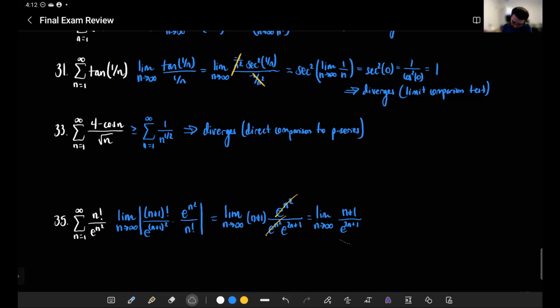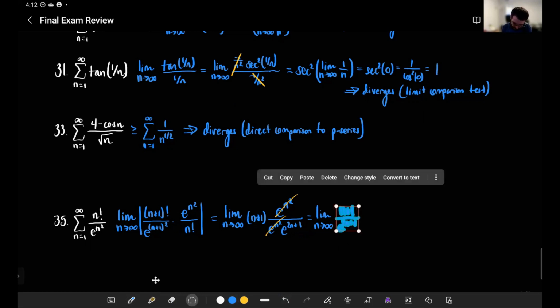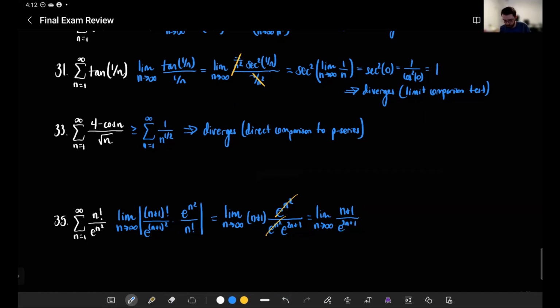And okay, maybe that's an indeterminate form, and we have to use L'Hopital's rule. But I'm just going to wave my hands and say this is growing faster. So the denominator blows up, and this goes to 0. But feel free to use L'Hopital's rule. You get the same thing. 0 is less than 1, which implies, oh, that's fine. I was expecting this to diverge, wasn't I?